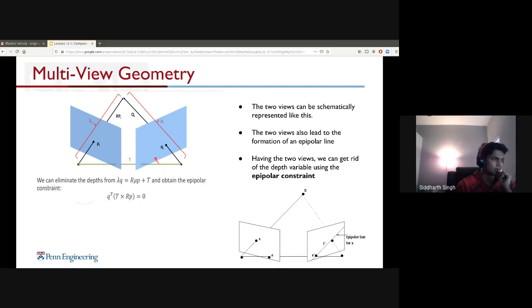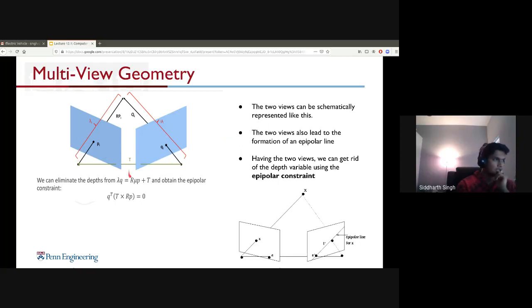Right. So just like we did something in single view geometry, I'm doing something similar in multi-view geometry, but in this case, I'm transforming my point from one coordinate frame to the other coordinate frame instead of from the camera frame to the image plane or from the world frame to the camera frame. This time I'm transforming my point from one camera frame to another camera frame, right?